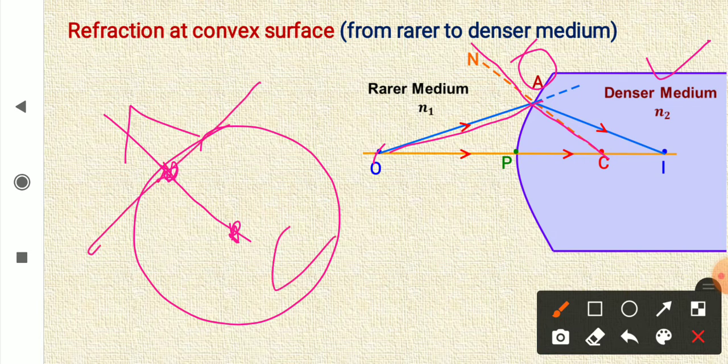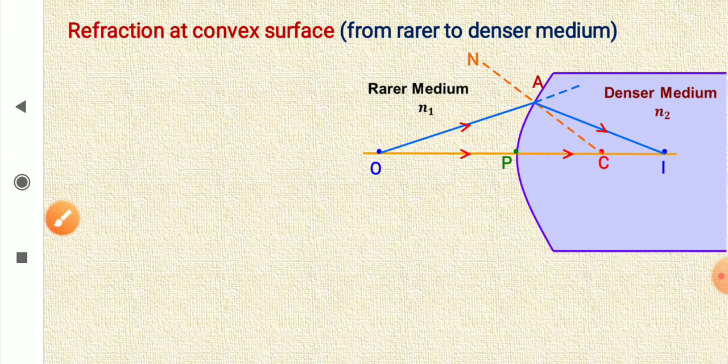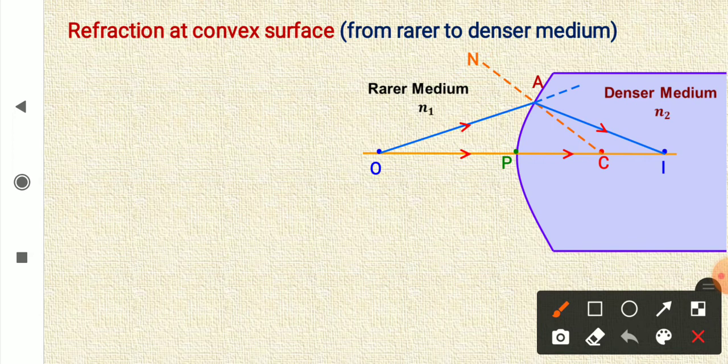And it will be perpendicular to the tangent. So the normal is always passing through the center of curvature for whatever location you may choose, right? So you draw the normal NC, and the original path of the incident ray is this one, but you know that when light enters from rarer medium to denser medium, it bends towards the normal.